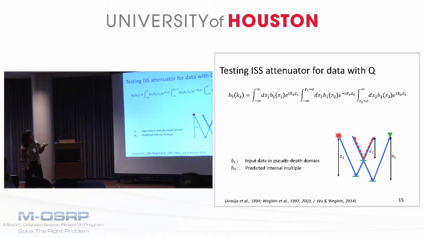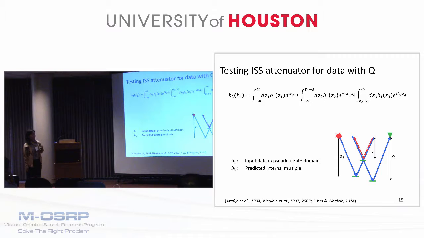The integral limit here, you can see Z1 minus epsilon for the upper limit of Z2 and Z2 plus epsilon for the lower limit of Z3, makes sure that this algorithm can automatically select the events that satisfy deeper, shallow, and deeper relationship, so you can get an effective prediction result.